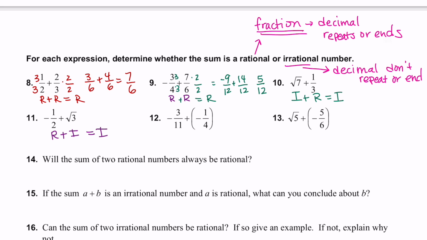Number 12, we have two rational numbers, and a rational number plus a rational number is actually always going to be a rational number.